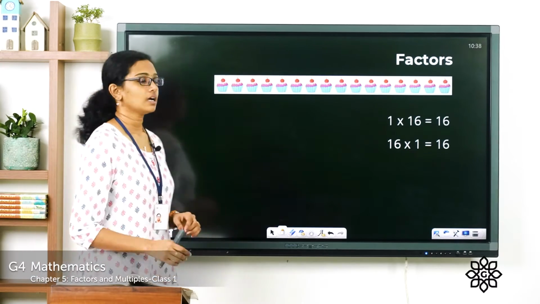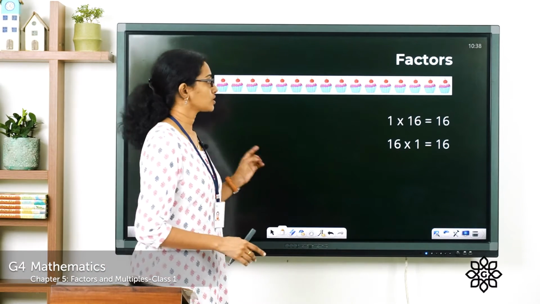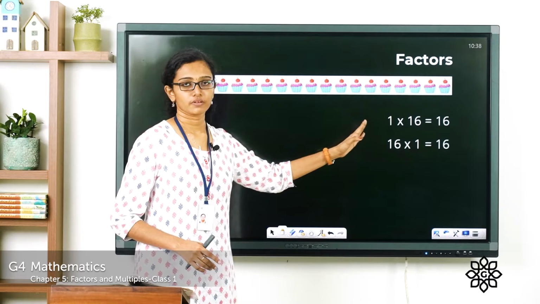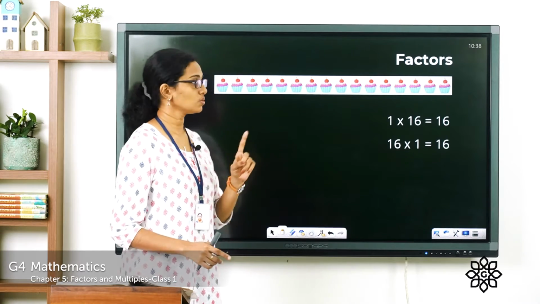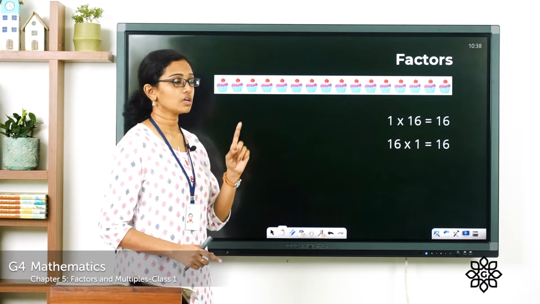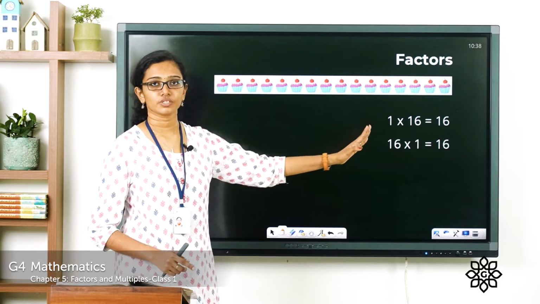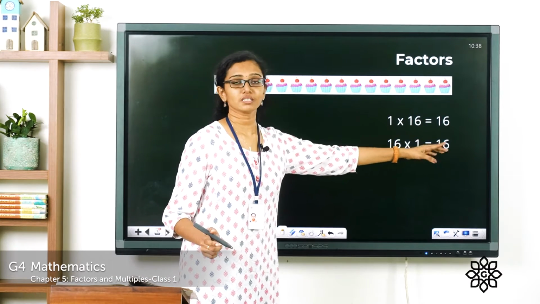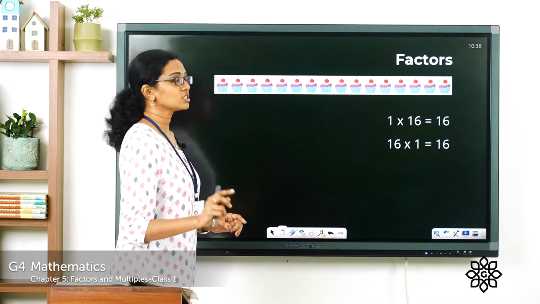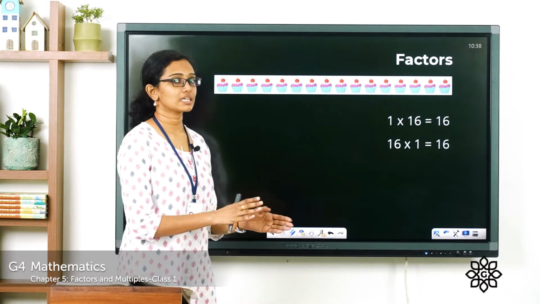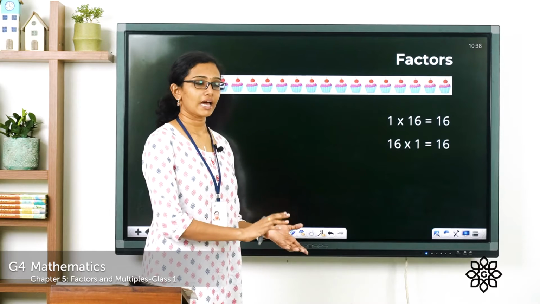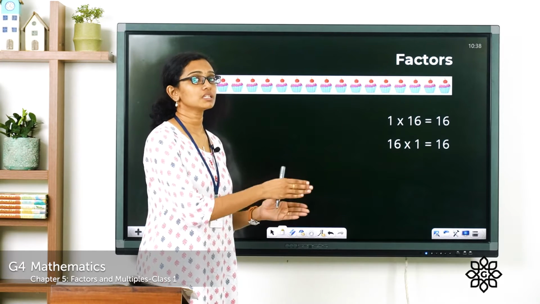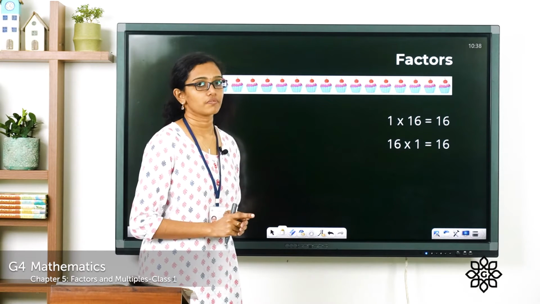See, Anjali can arrange these 16 muffins in just one group. So that would be one group of 16 muffins. So how would you write it? 1 into 16. The total is 16 muffins. Or she can separate each muffin, and hence it would be 16 into 1 muffin, right?